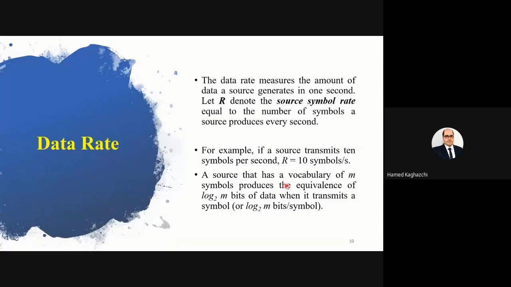If a source has m symbols, the entropy is equal to log 2 m bits per symbol. R is the number of symbols per second for each source. Entropy is the number of bits per symbol.